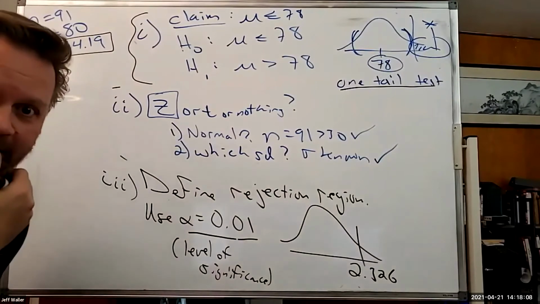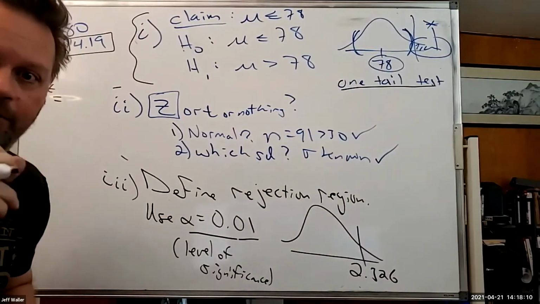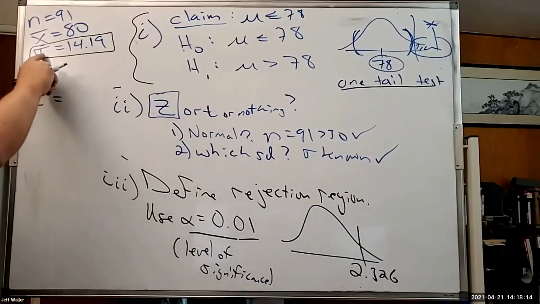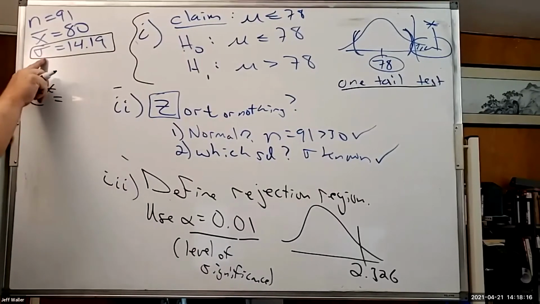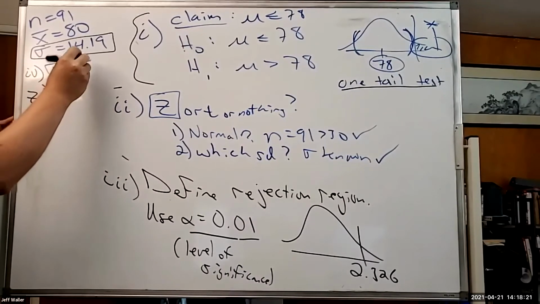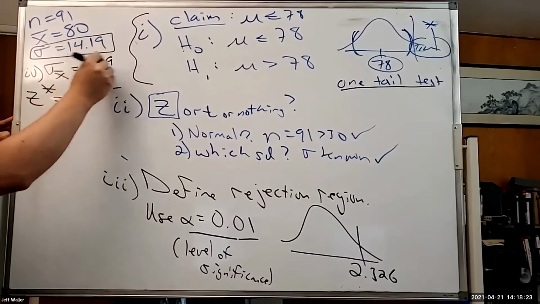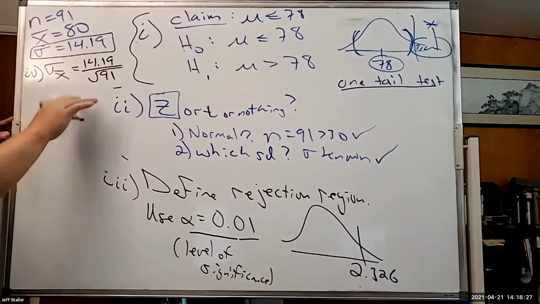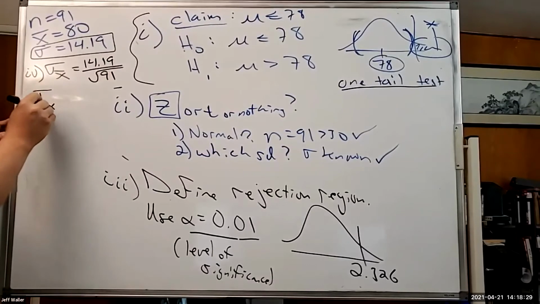Oh, yes, we are. Therefore, what must happen? Can I use this? No, I'm going to use this. Let me erase this for a minute. So what is the new standard deviation? Somebody help me out.